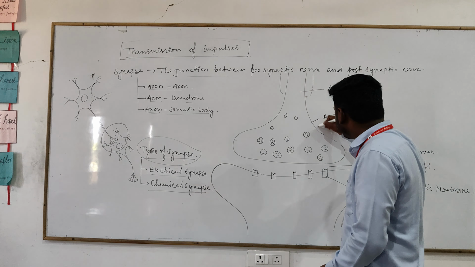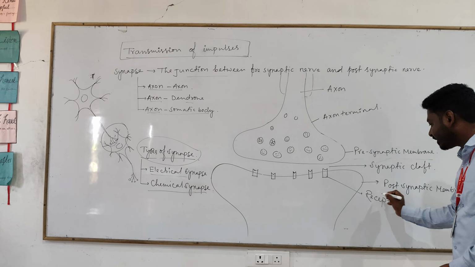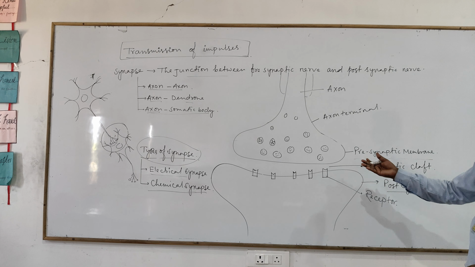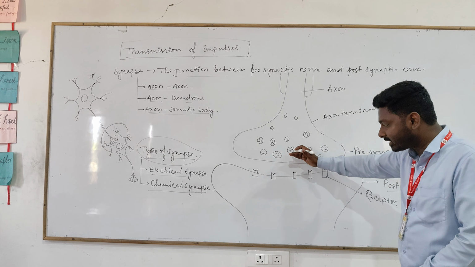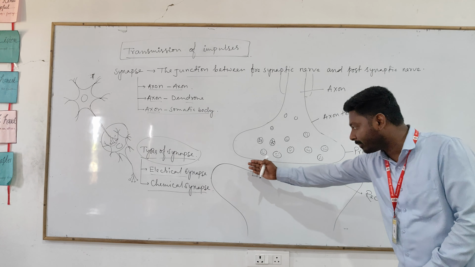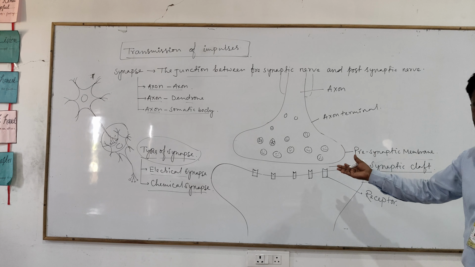This is the presynaptic membrane, and on the opposite side is the postsynaptic membrane. The gap between the presynaptic membrane and the postsynaptic membrane is called the synaptic cleft.